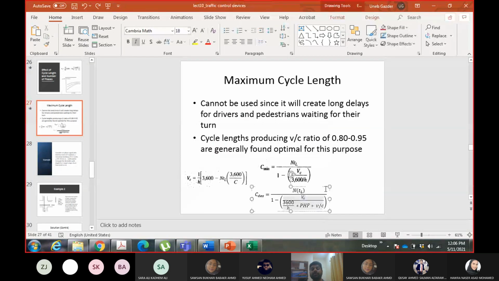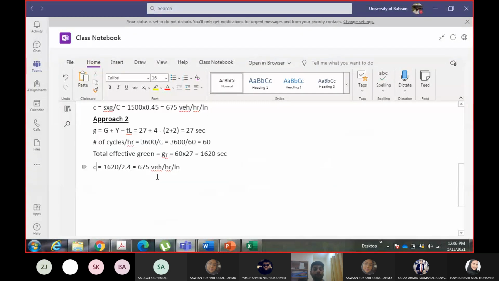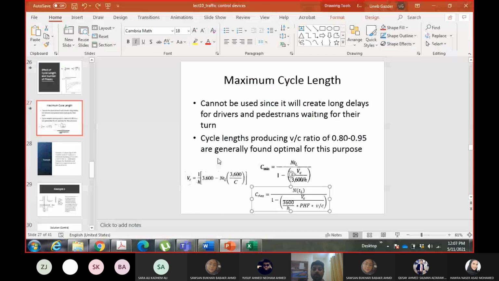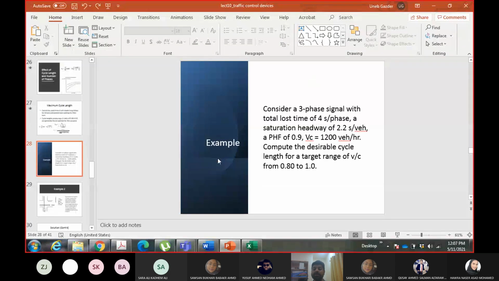Okay, so desirable cycle length means this equation. Let me put it over here, and I will write down the data as well. 3 phases means N is 3.